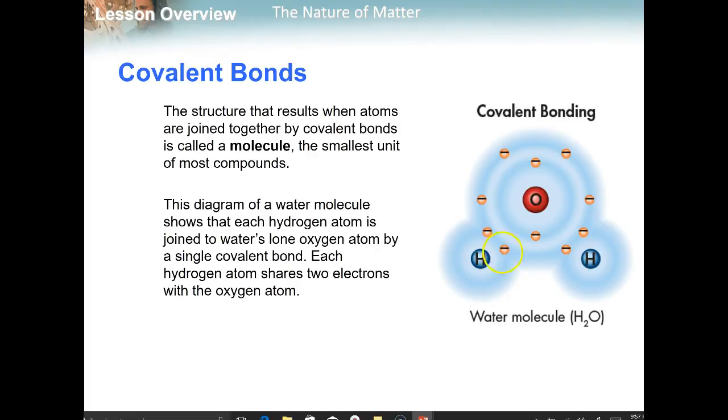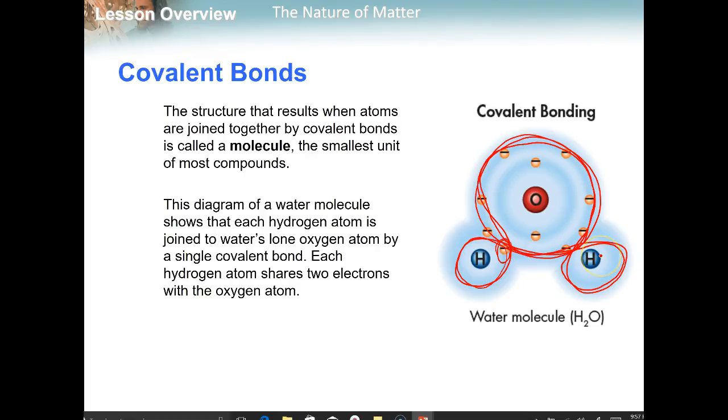Here, if this is the electron from the hydrogen, it's going to spend some time spinning around here, then some time spinning around the oxygen, and sometimes spinning around the other hydrogen, and it's going to continue this path like this. So instead of losing the electrons, it's going to share the electrons. Hydrogens each have 1 electron, oxygen has 6. Remember we want that octet rule, we have 8.